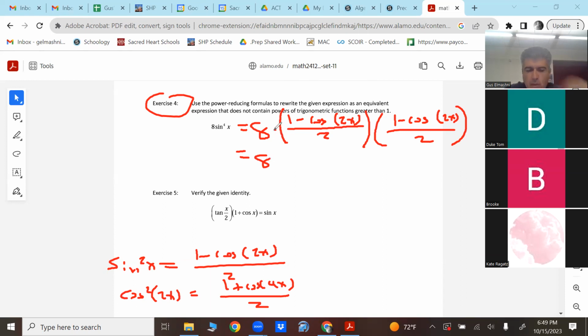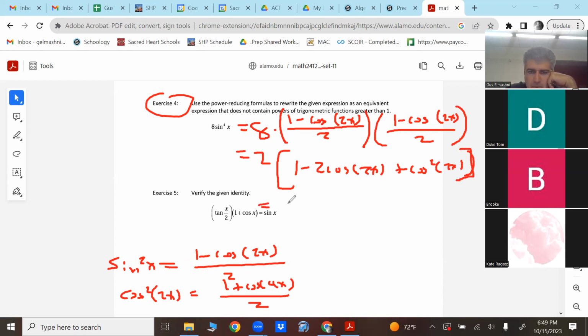Yeah, in 8/4, that's just 2, so I can just get that out of the way. So that's 1 minus 2 cos plus cosine squared 2x. There we go. Yeah, and the cos squared 2x is that. So you have 2 bracket 1 minus 2 cos.